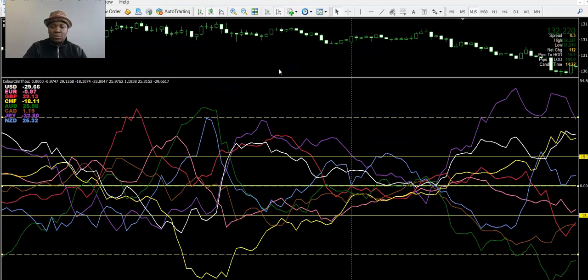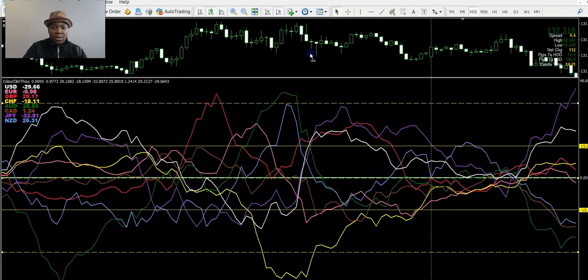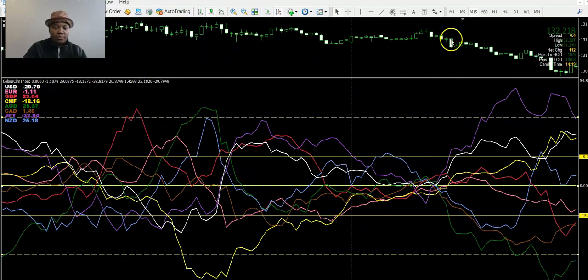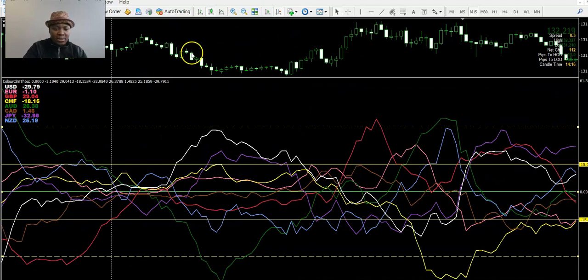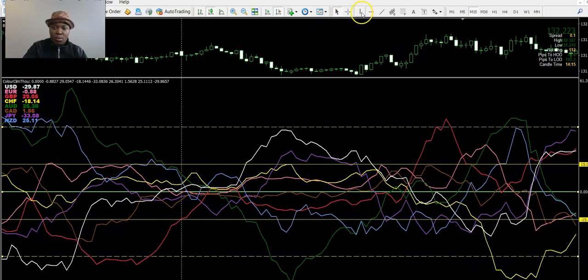If I can just scroll back a little bit so that you see what I'm talking about. Maybe give you one more example. All right, here's another example. I don't know what happened here, but I can tell with the strength meter there was a possible lovely trade around about here. Let's put it here on Aussie dollar.